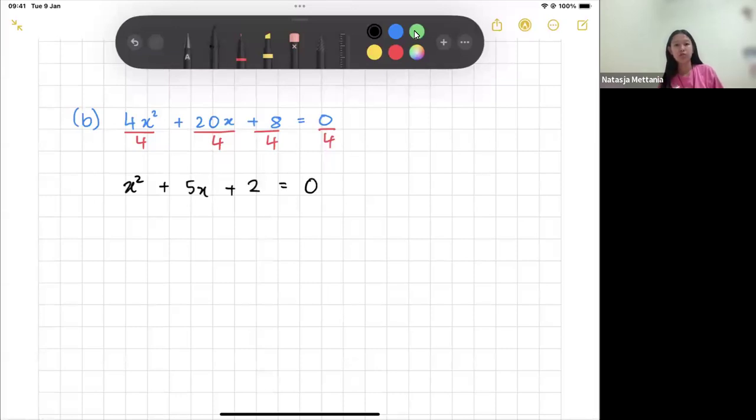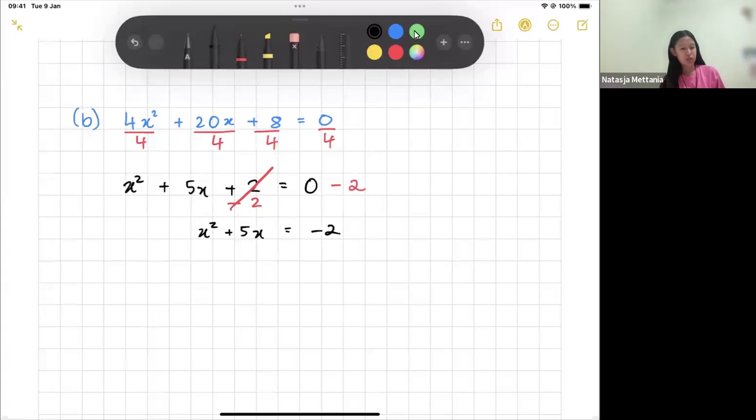Now it's monic. Let's do step number 2, completing the square. Before we complete the square, I need to get rid of that plus 2, and I need to move it to the other side. Just like so. That one's simple enough.